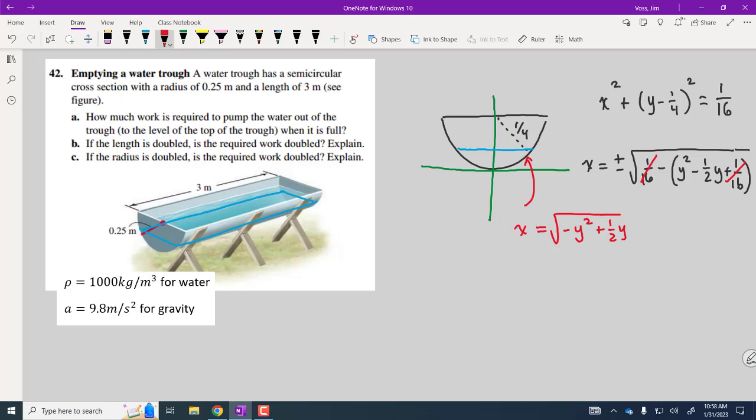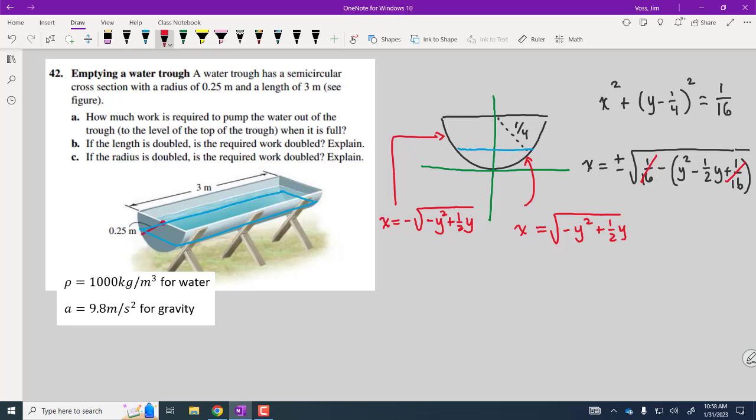The left half is going to be the negative square root. Any questions on that algebra piece? So we're getting the right and left semicircles by solving for x. The right one's the positive one, the left one's the negative one.